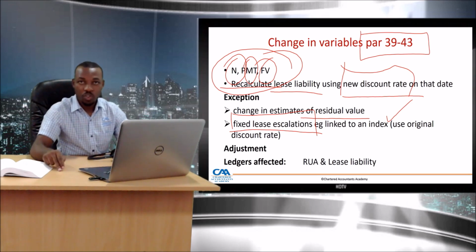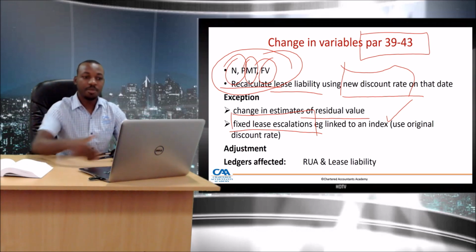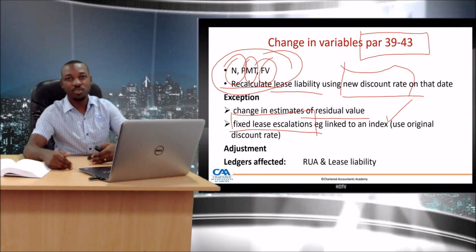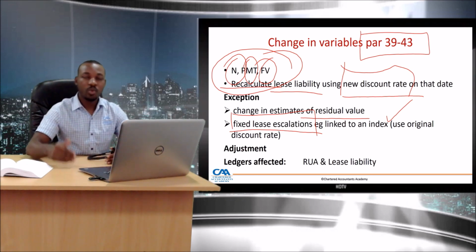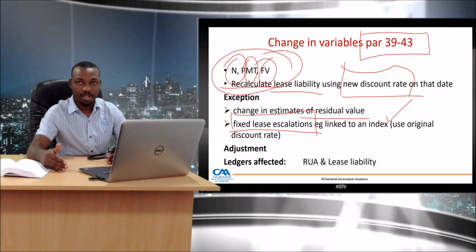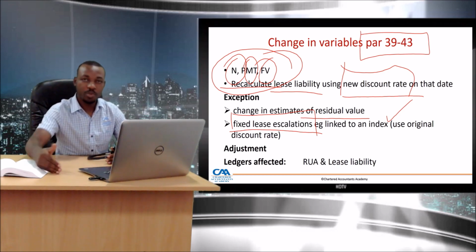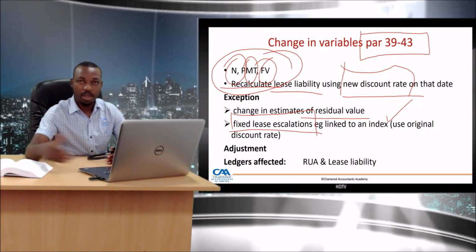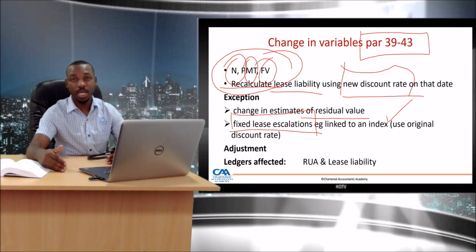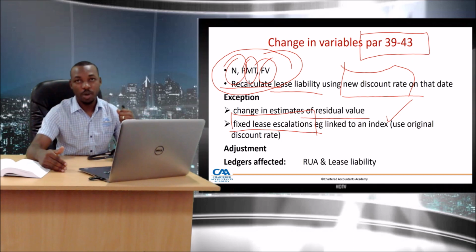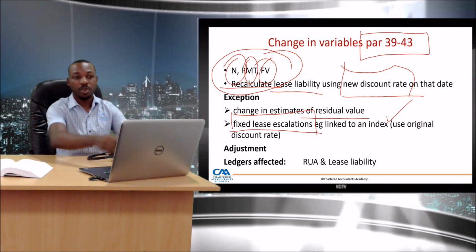Which means when the inflation rate then jumps from the 5% that we had in early October to the 20-something% which the government has officially stated, if the lease contract was linked to those escalations, then we recalculate this lease liability based on the shift which happened in the inflation index rate. But we stick to the discount rate being the original one, because this was part of the contract from day one.